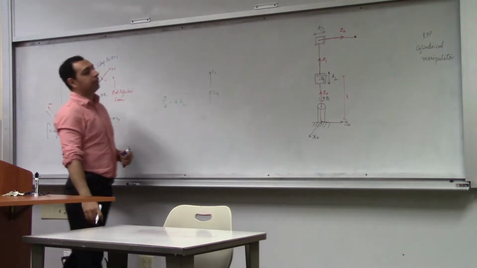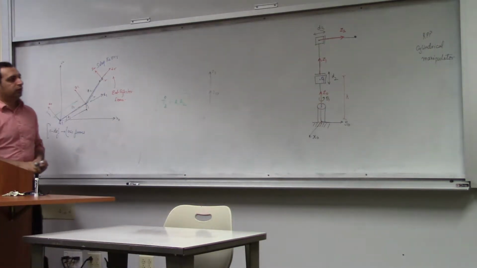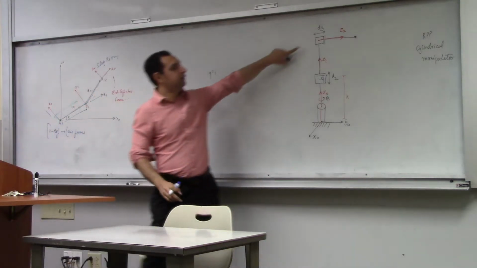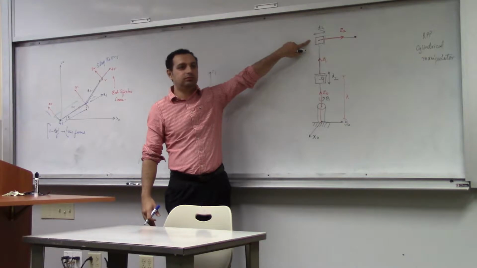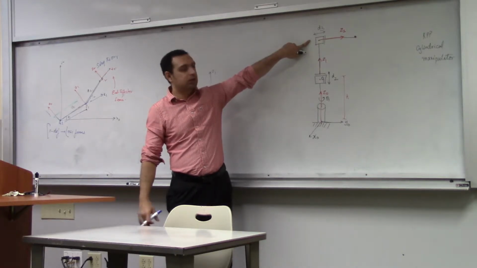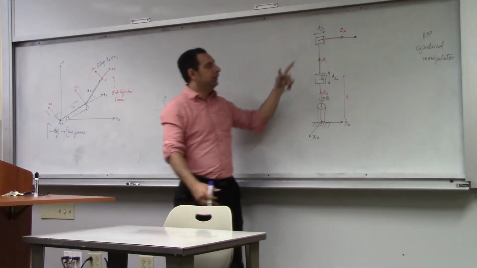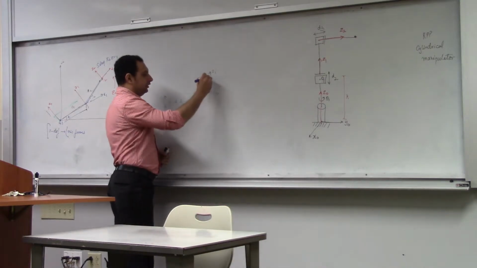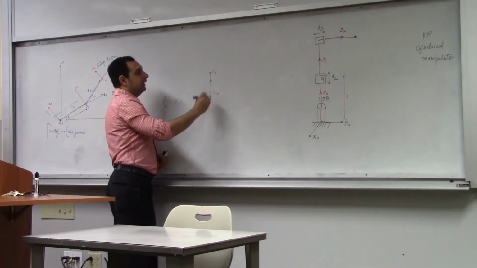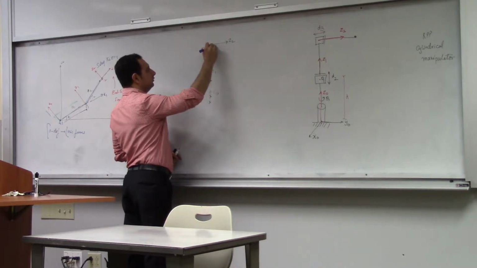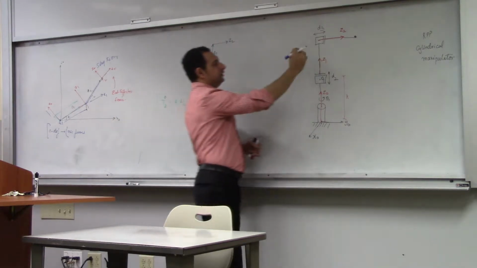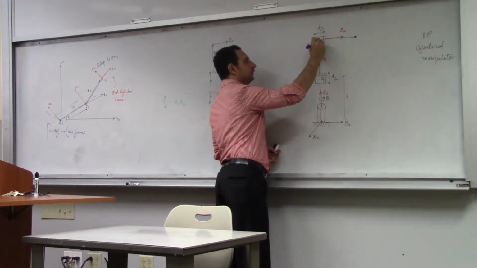That is the origin O1. How about here? Do I have a choice of origin or no? In this case, it has to be at the point of intersection of these two. These two are intersecting, so my origin has to be here.